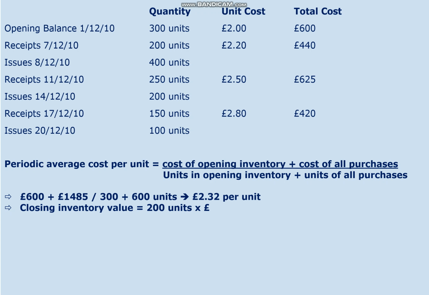So these would be valued at 2.32, giving us approximately the cost of 464 pounds. Okay, so not to get too worried about decimal places or rounding off. If your calculators are giving you a few pounds more or less, your concept is still the same as mine.